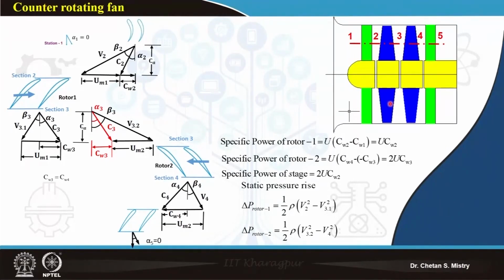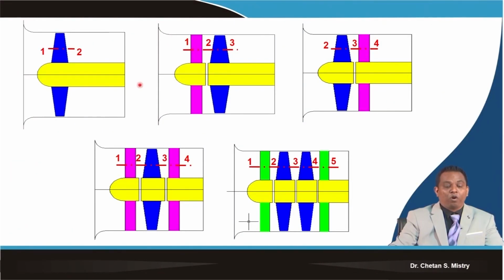Now, overall, if we look at what we have discussed today, we covered only the rotor configuration, inlet guide vane and rotor configuration, rotor and outlet guide vane or stator configuration, inlet guide vane, rotor and outlet guide vane configuration, and the contra-rotating configuration.